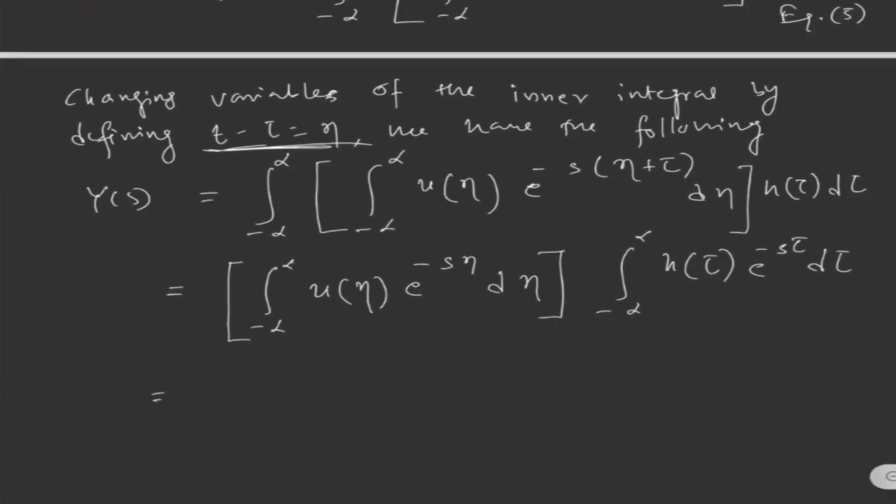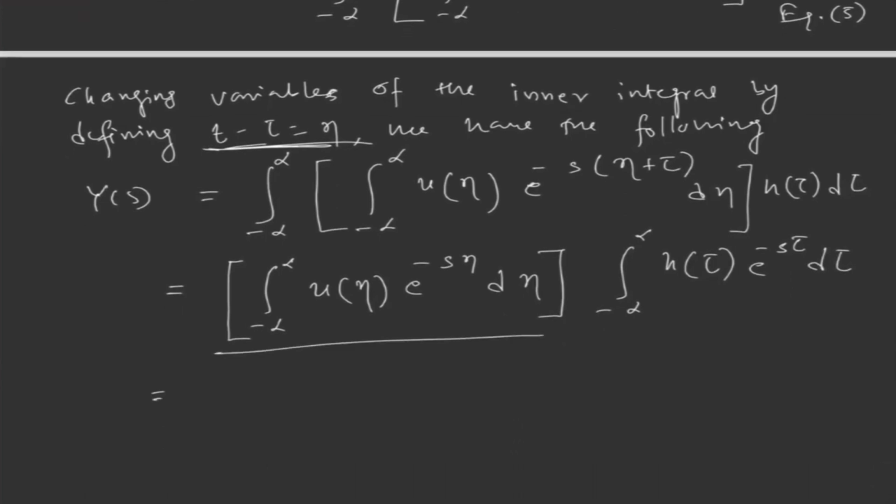From this, the first part is basically H of s, and the second is the Laplace transform of u of t, which is U of s. So we can write Y of s equal to U of s H of s.